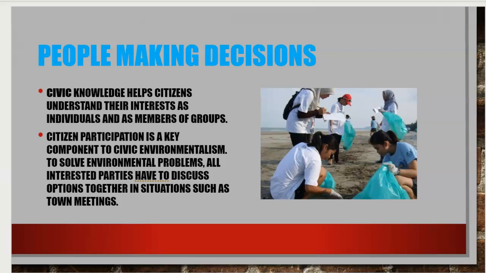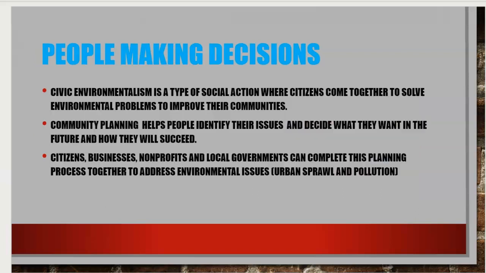And sometimes you see this taking place in city meetings or with city communities, things of that nature. So again, people making decisions. The idea of civic environmentalism is a type of social action where citizens try to solve the problems of their community that relate to the environment.